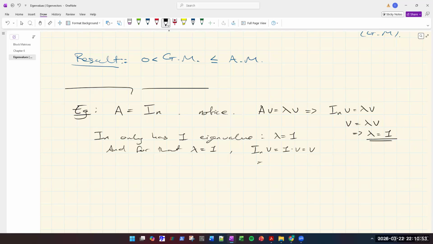Which vector satisfies this equation, Iv equal v? Which non-zero vector? Remember, the eigenvector cannot be 0. But this equation holds for every non-zero vector. So for this lambda equal 1, every non-zero vector is an eigenvector.